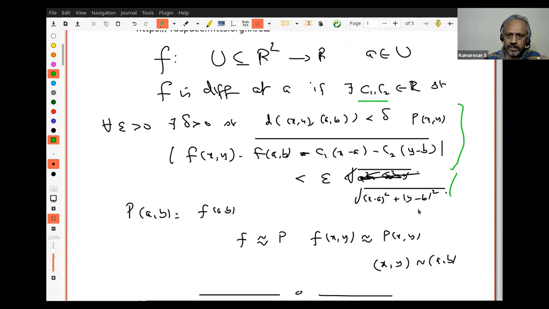Now my question is, somebody told me f is differentiable at (a, b). That means he has his own C1 and C2. Now just because you told me f is differentiable at (a, b), let us say one of your teachers has told you, now you take it for granted.